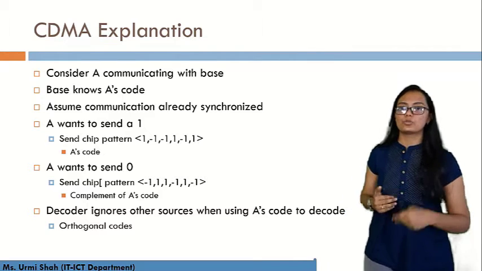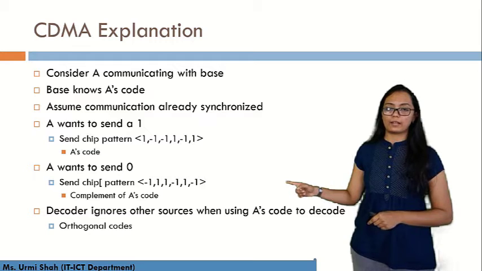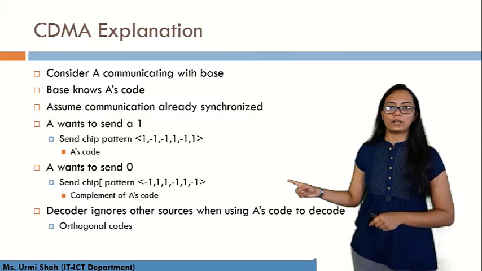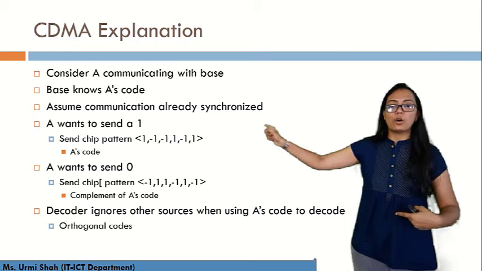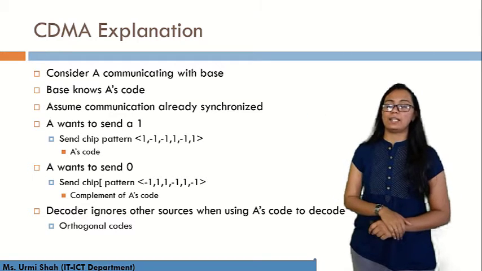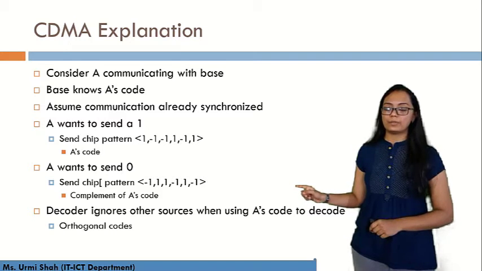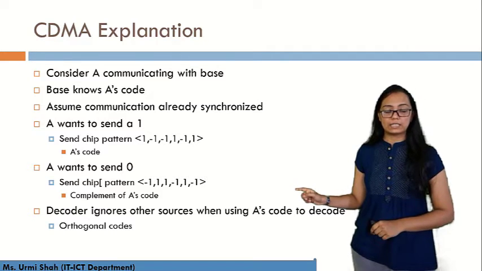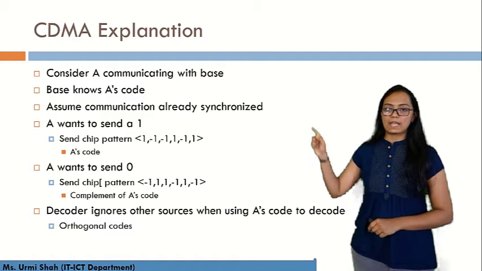Now if A wants to send the code 0, then it will send the chip pattern as -1, 1, 1, -1, 1, -1, exactly the inversion of the data when it was sending 1. So this way the complement of A's code will be used whenever A wants to send the reverse data.